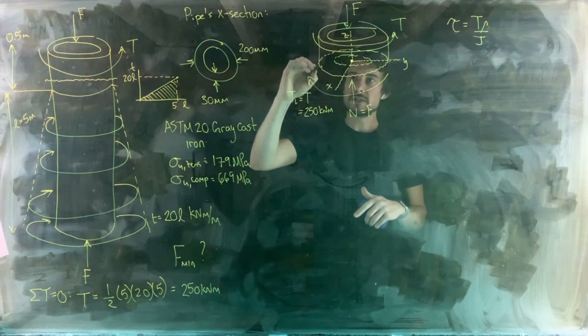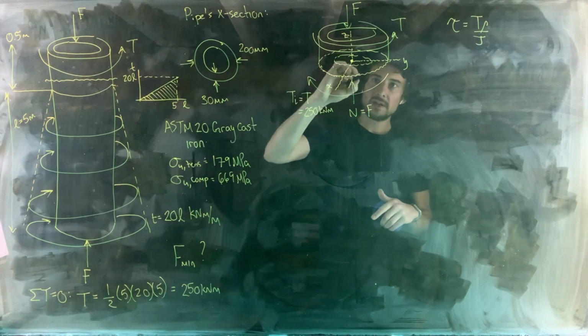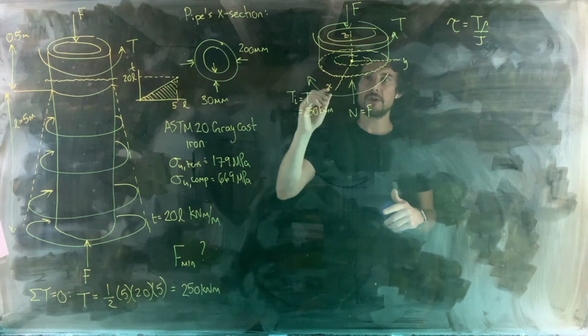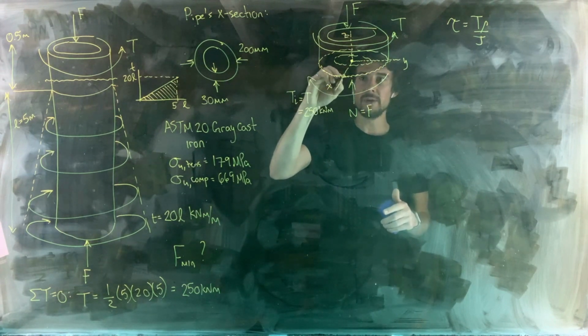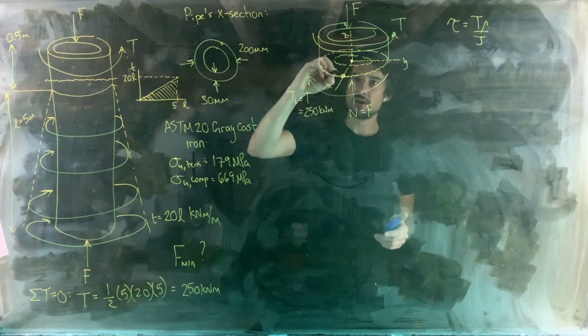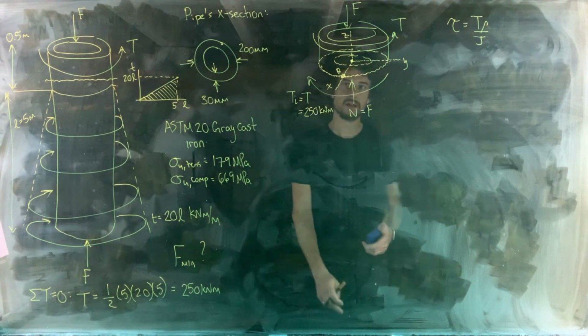So all points on the circumference here are going to experience maximum shear stress, any point on the circumference. So let's take one of those points. And it always makes sense just to position the point on one of your axes. So I'm going to call this my point B again.